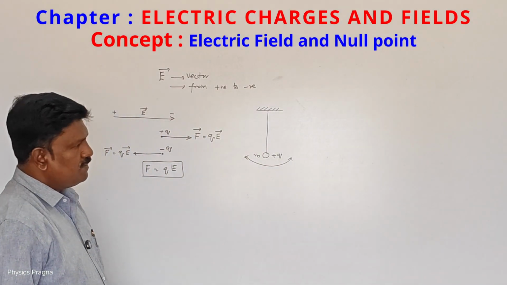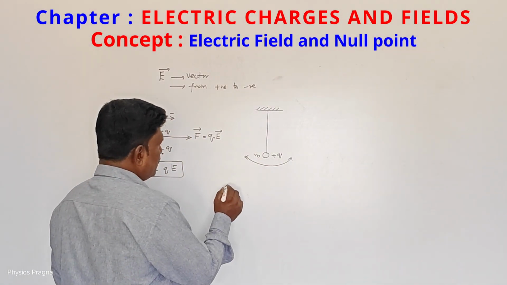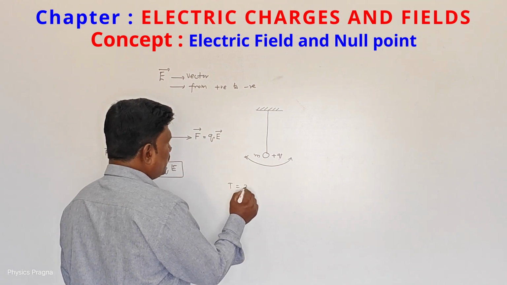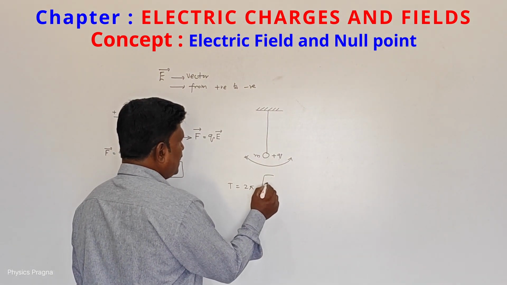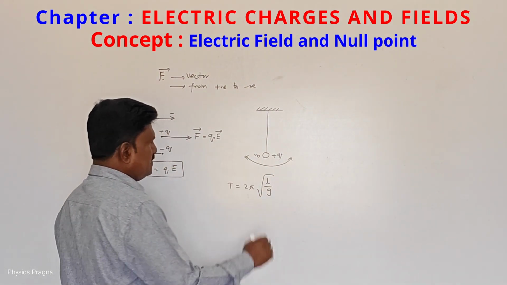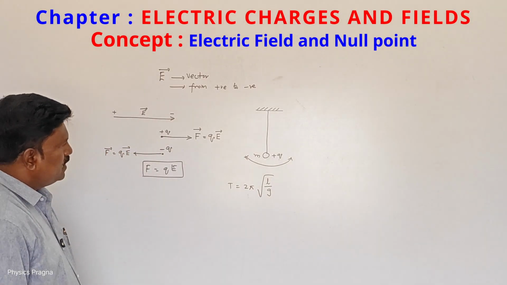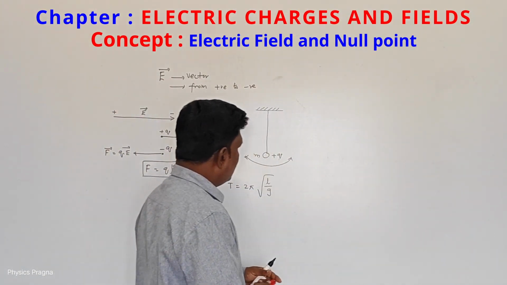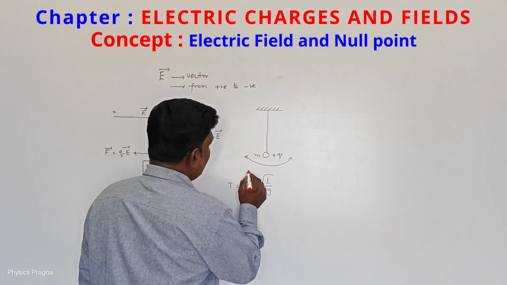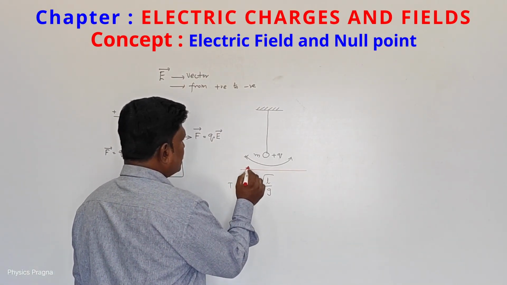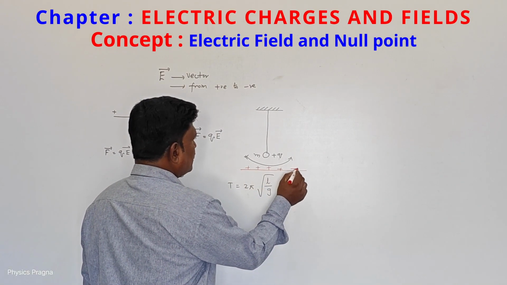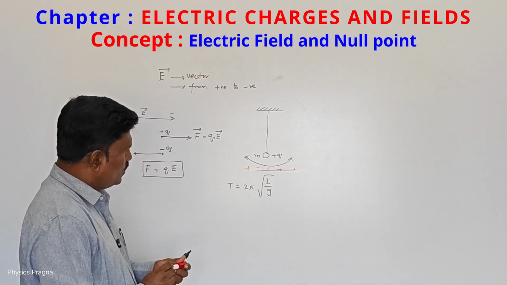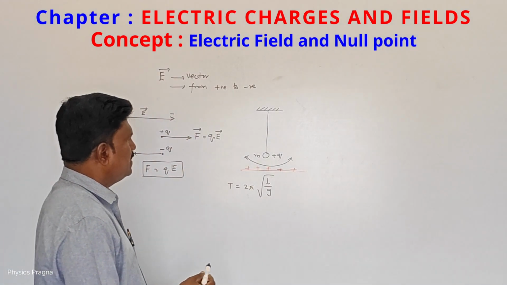So for the oscillating pendulum, time period is equal to 2 pi root L by g. Now I have placed a sheet having positive charge. If it is so, then what happens?